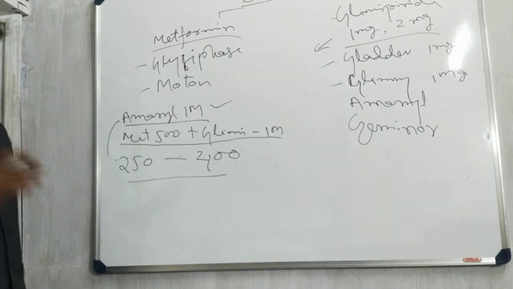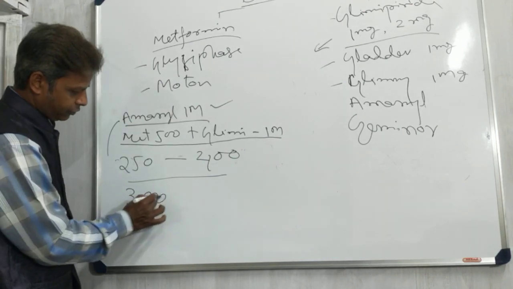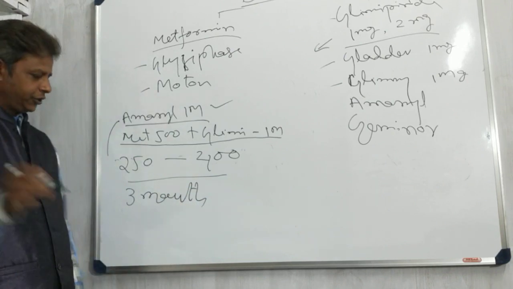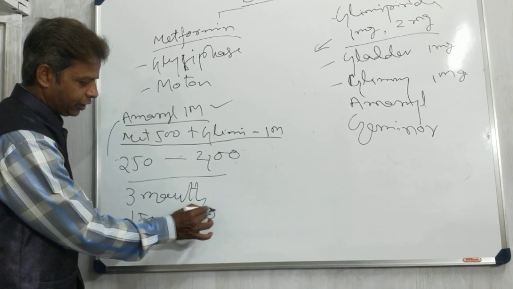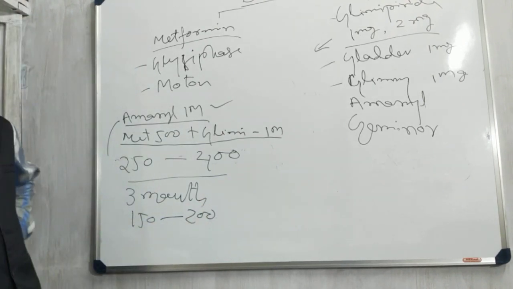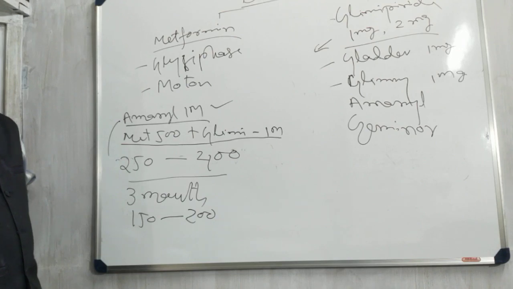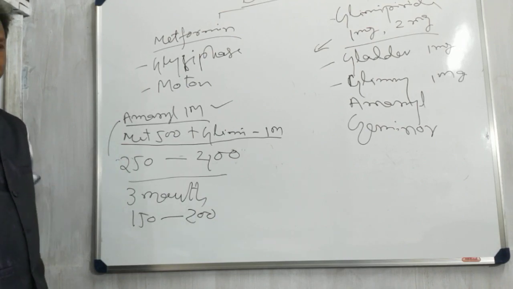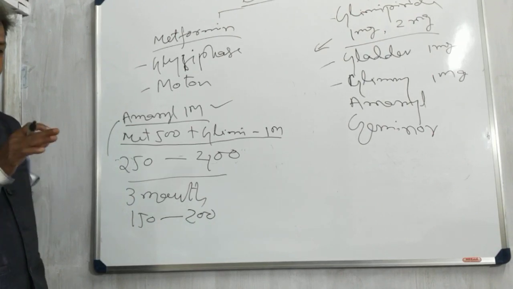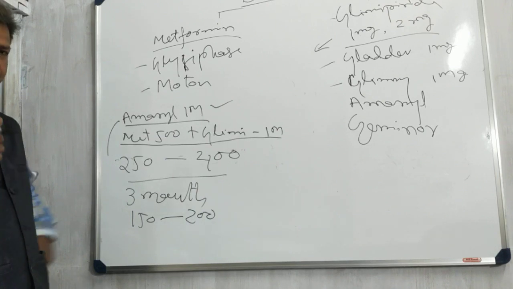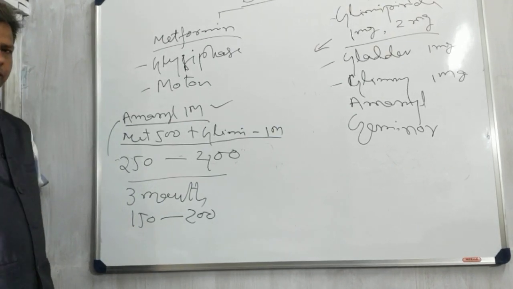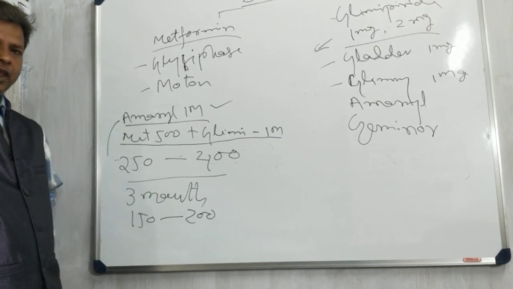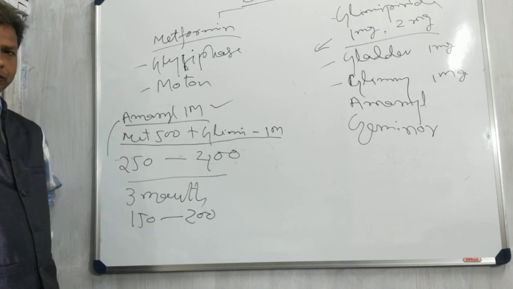Within these 3 months, your blood sugar will come to the 150 to 200 level. This is not a joke. Along with diet and proper exercise, half an hour to 1 hour, your condition will decrease as soon as possible if you follow my tips. This is not a joke.